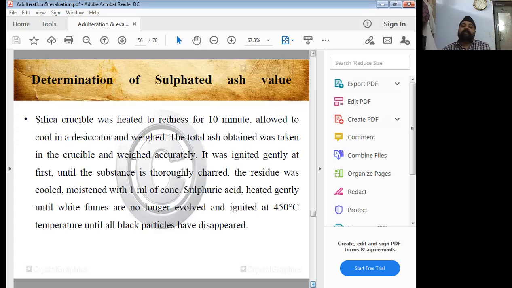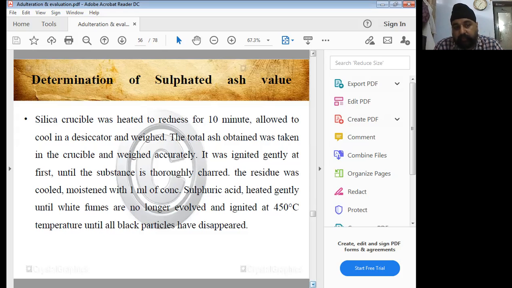Then sulfated ash. Here we can use a silica crucible, which is heated to redness for 10 minutes, then allowed to cool in a desiccator and weighed. The total ash obtained is taken in this crucible and weighed accurately. Then it is ignited gently first until the substance is thoroughly charred.